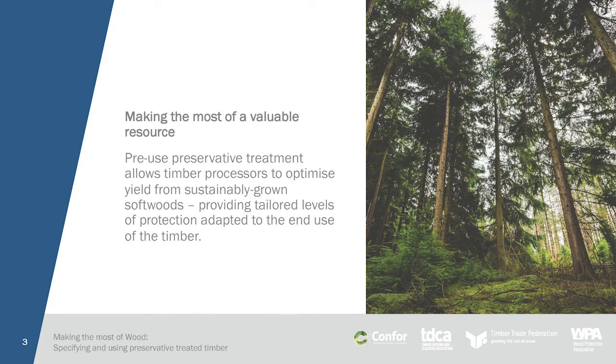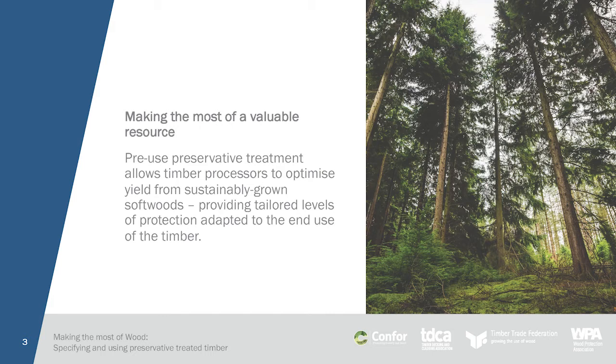Wood protection technology helps to optimize the amount of harvested timber that can be usefully gained from the tree. With appropriate treatment, timber of low natural durability can be used in a wide variety of situations. This maximizes the yield, significantly improves service life, and of course reduces waste, making the most of wood.